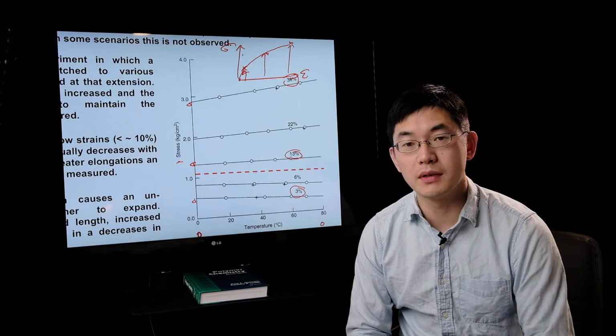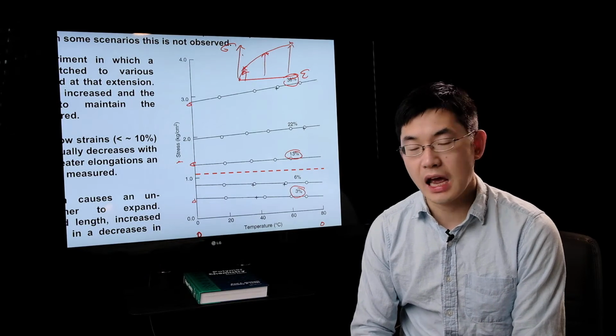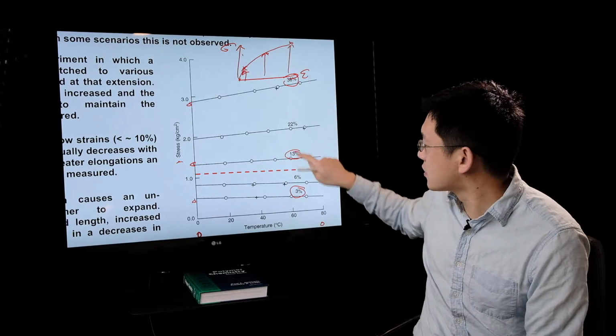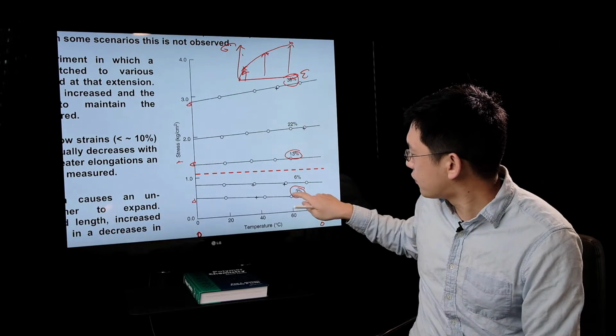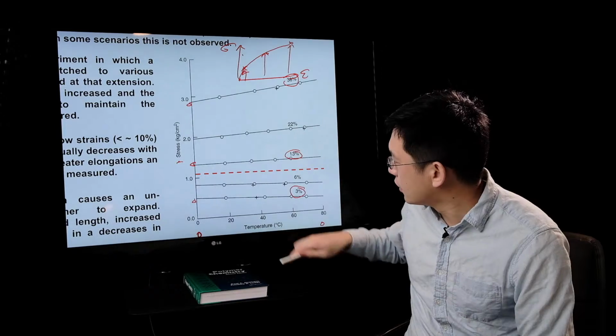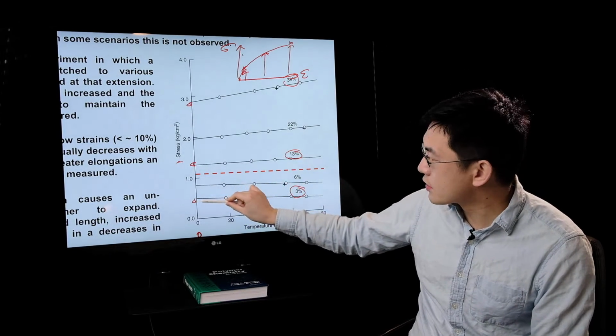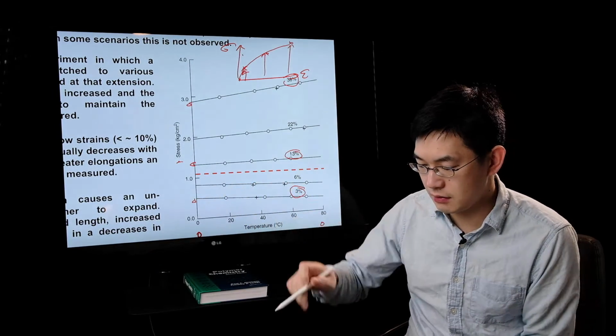And this is very common. This happens at multiple strains, as you can see, but at very low strain, for example 3 or 6%, there's not much increase. Your stress is more or less stable.